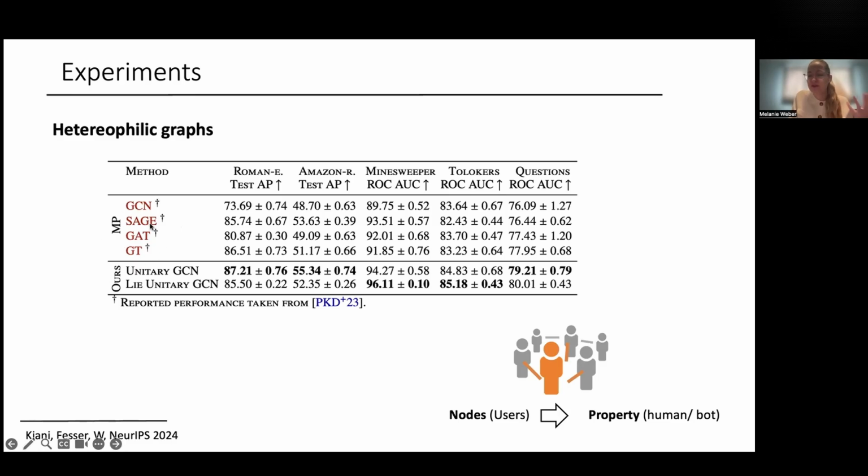Again, we have a block of standard message passing architectures, such as the graph convolutions, and we see here that the unitary architectures massively outperform them across data sets. Here we don't have a transformer block because those data sets are all quite large, and it's really hard to scale graph transformers to such large inputs.